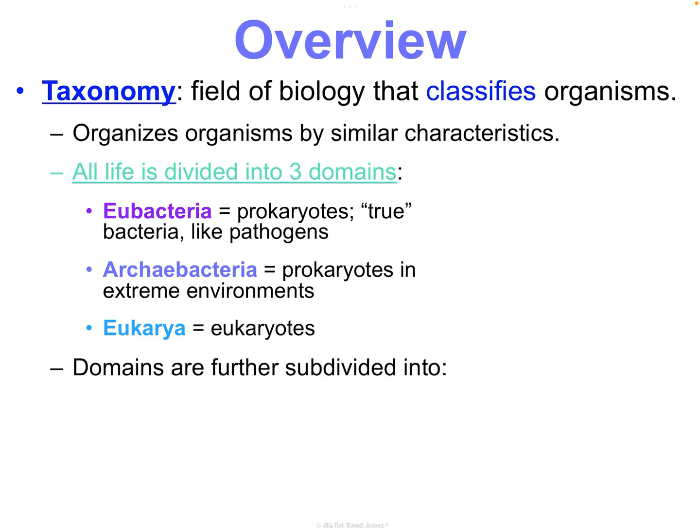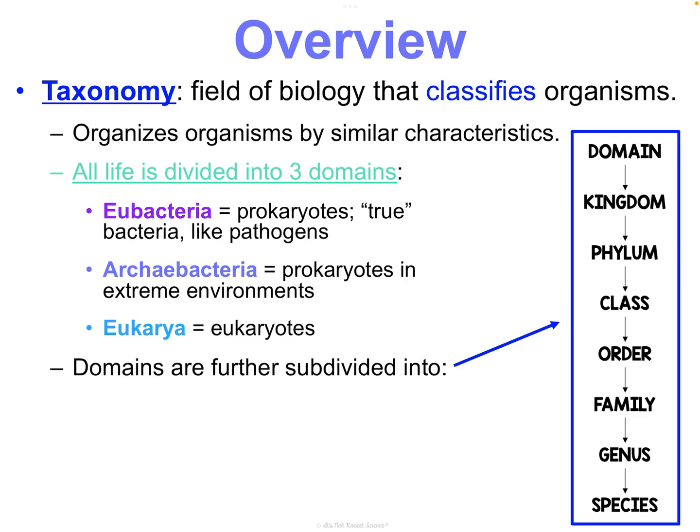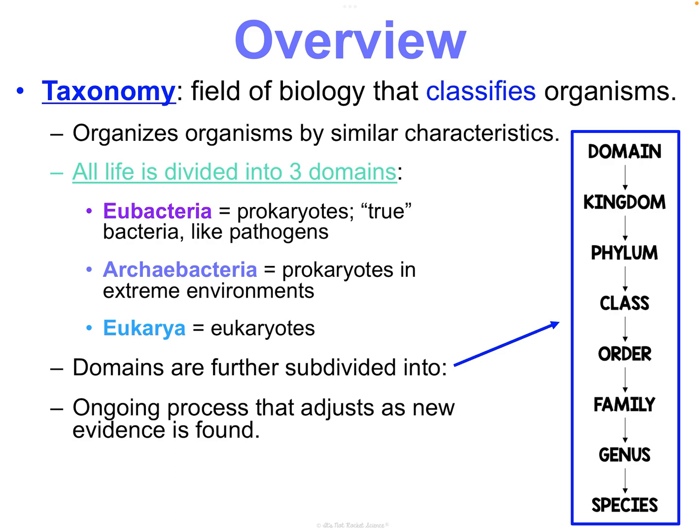We can also then divide those three domains into further subdivisions: kingdom, phylum, class, order, family, genus, and species. At one point, we used to make you memorize all that, so be glad you don't need to. This is an ongoing process, and it adjusts as new evidence is found.